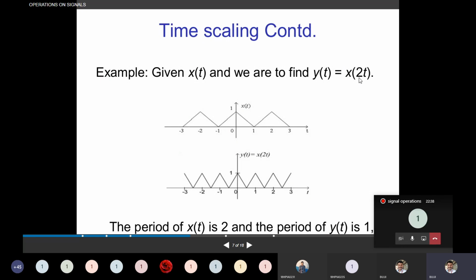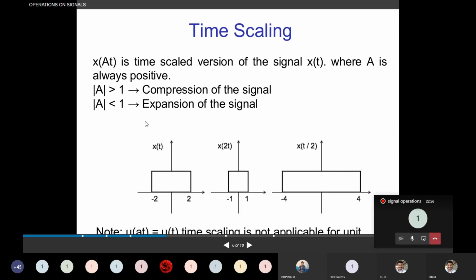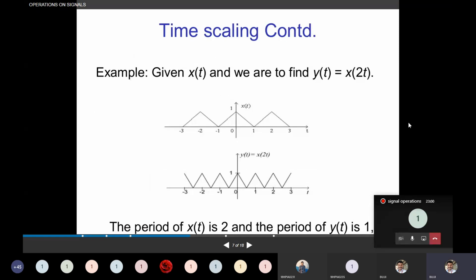For 2t equal to minus 2, the 2 cancels, and minus 1 is the maximum value. So similarly applied, the signal will be shrunk, because the scaling value is greater than 1.